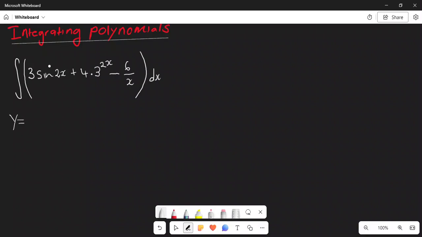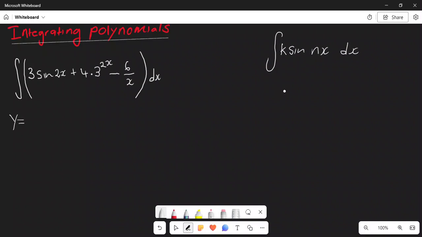Now the first term here is a trigonometric function, so we're going to use the trigonometric integral. This is sine. The formula for the trigonometric integral for sine is like this: k sine n x dx.